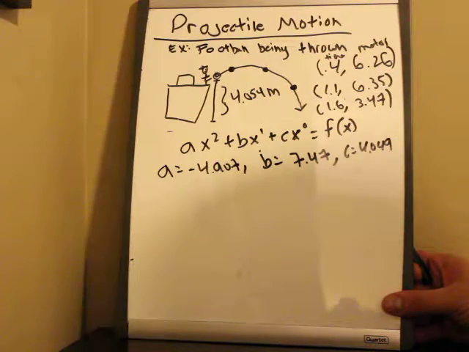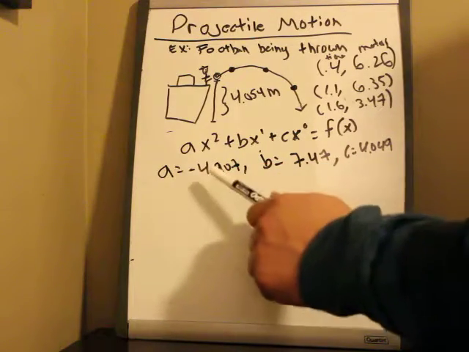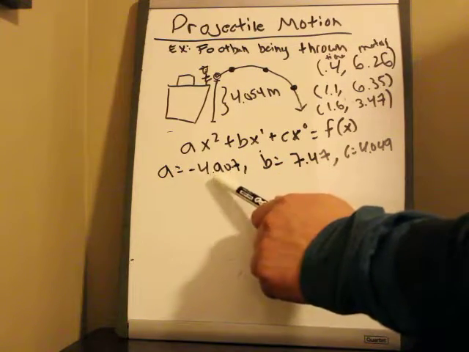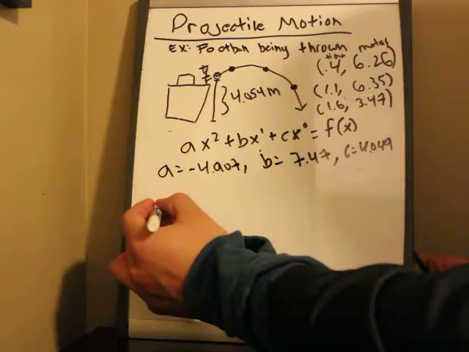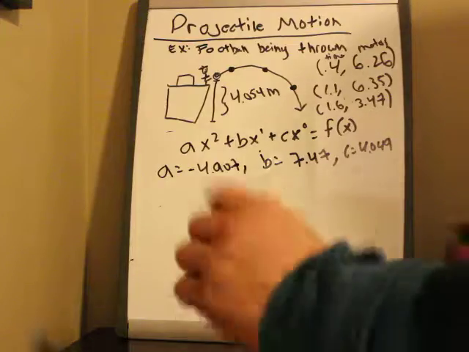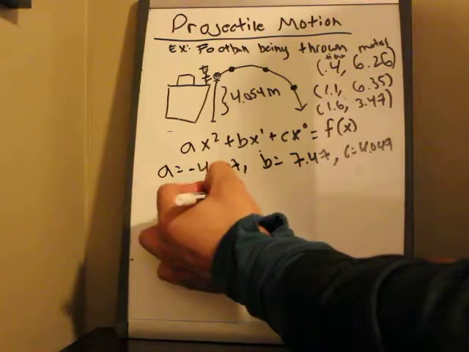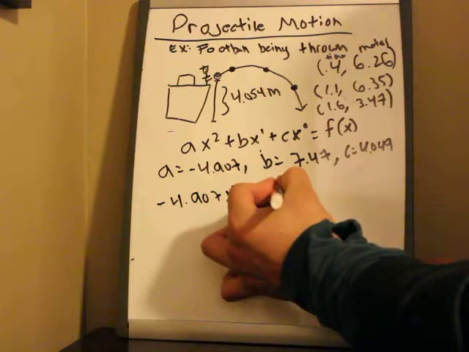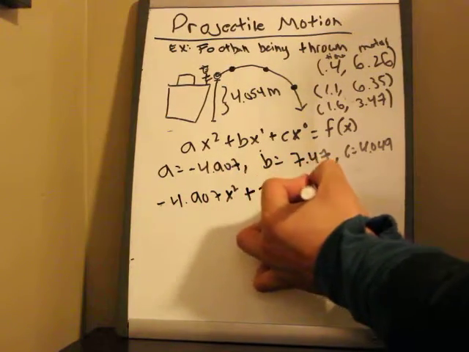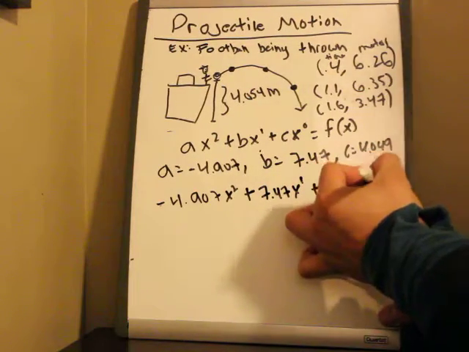So now all we do is take our A value, which we know is negative 4.907, and plug that back in here. So the final equation is going to be negative 4.907 x squared plus 7.47 x to the 1 plus 4.049 x to the 0.